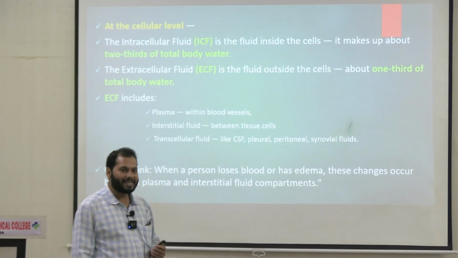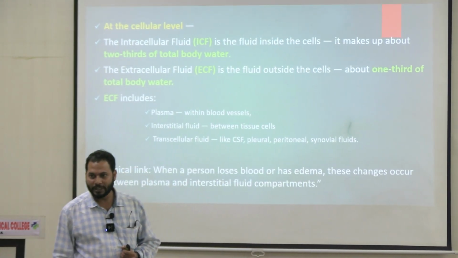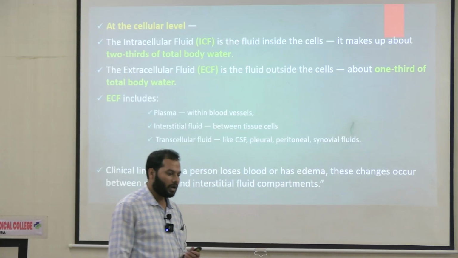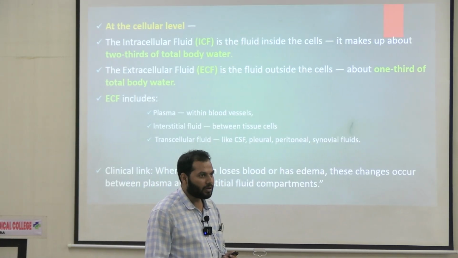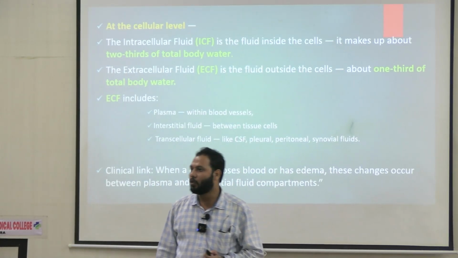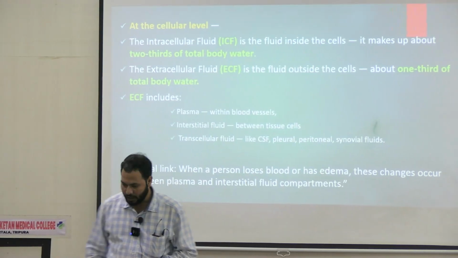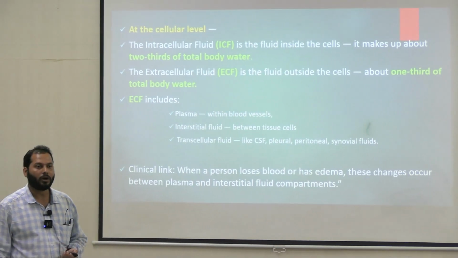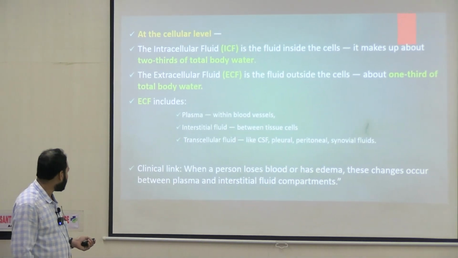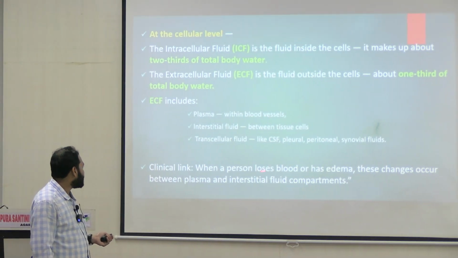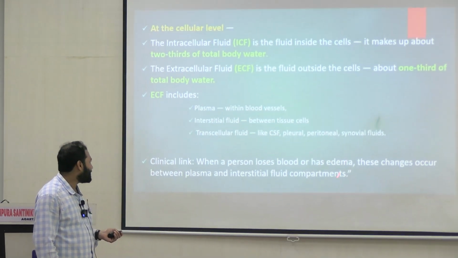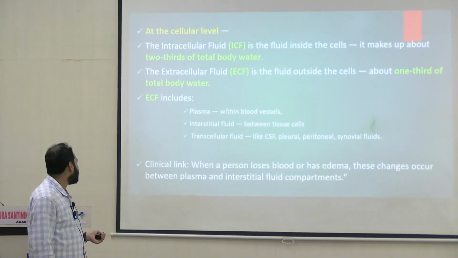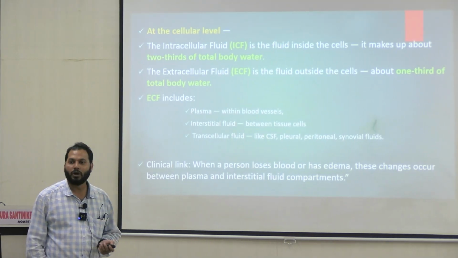Now, why is the measurement of all those body fluids important? Because if you see the clinical link of these body fluids, you will find certain importance in the assessment of those body fluids. Say, when a person loses blood or has edema, changes occur between the plasma and interstitial fluid compartments.